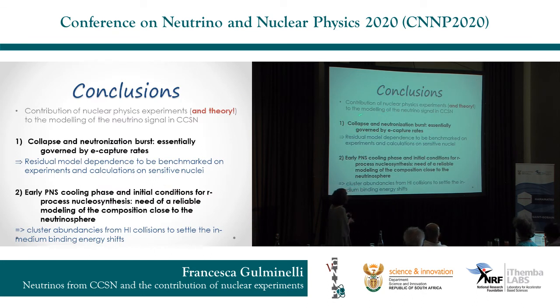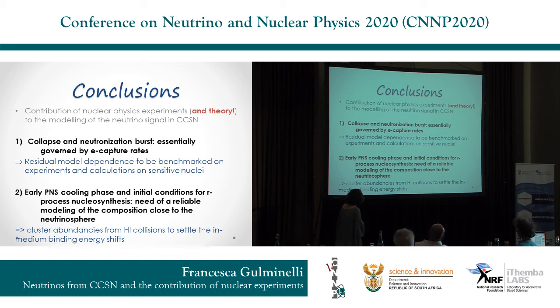So I tried to give you a hint of how nuclear physics experiments, and of course the theory that allows us to interpret them, can have a real impact in the modeling of the neutrino signals in the core collapse supernova, at least in some parts, because there is the accretion part that really depends on the complex, multidimensional hydrodynamics.